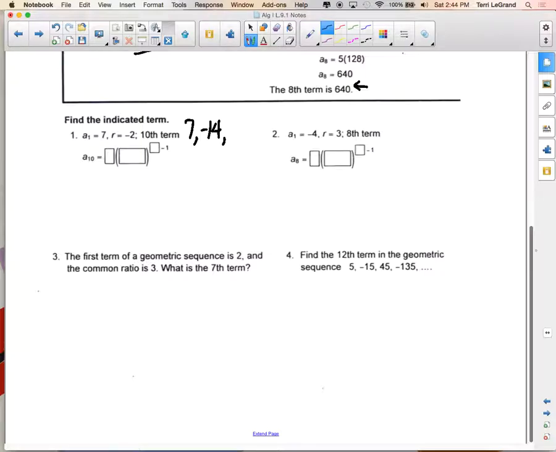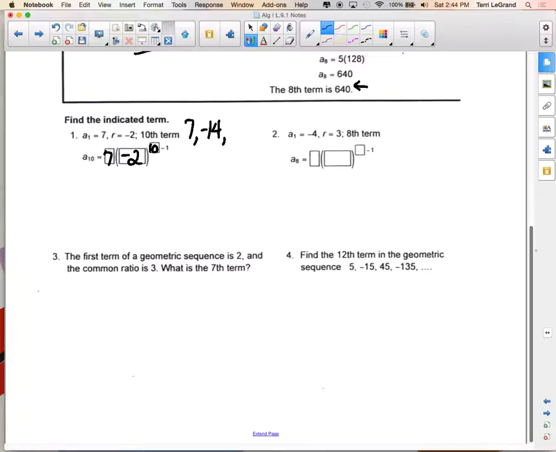Using the formula, I am looking for the a sub n, I'm looking for the a sub 10 value. Remember, the a sub 1 is what starts us out. We multiply the first term by the R value, which in this case is negative 2, raised to the n minus 1 power, so 10 minus 1.